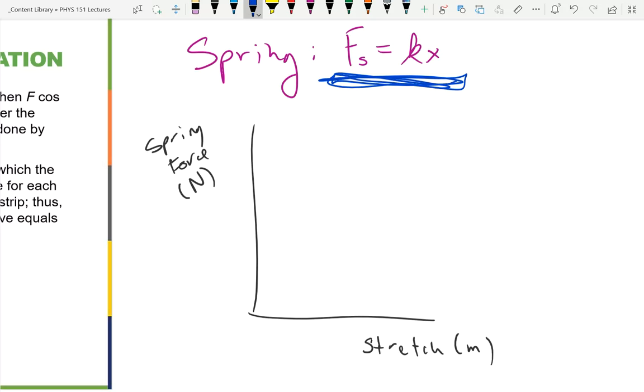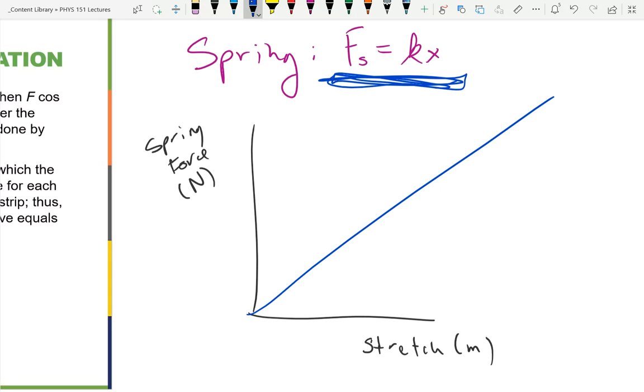Well, yes, it's the force of a spring, absolutely correct. But when I'm making a graph, what does the shape look like if I have y equals kx? Y equals mx plus b. What's that equation for? A straight line. And so this is going to have a straight line.